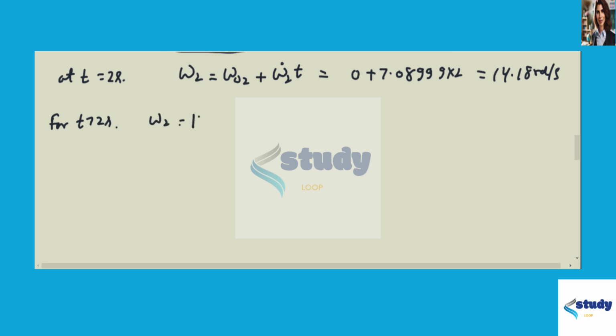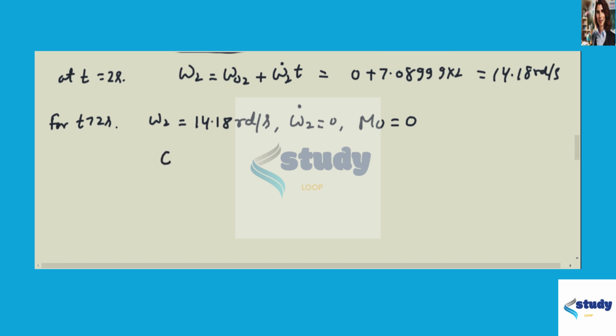For t greater than 2 seconds, omega 2 is 14.18 radian per second, omega dot 2 is 0, and M o is 0. So, substituting in the above equations 5, 6, 7, C x, D x, C z, D z can be calculated.